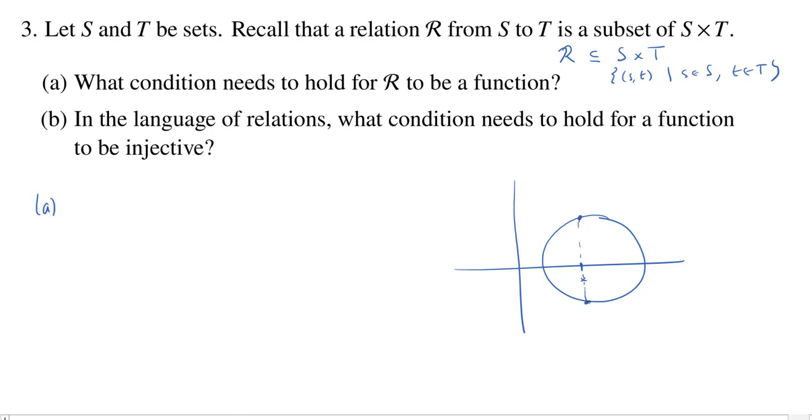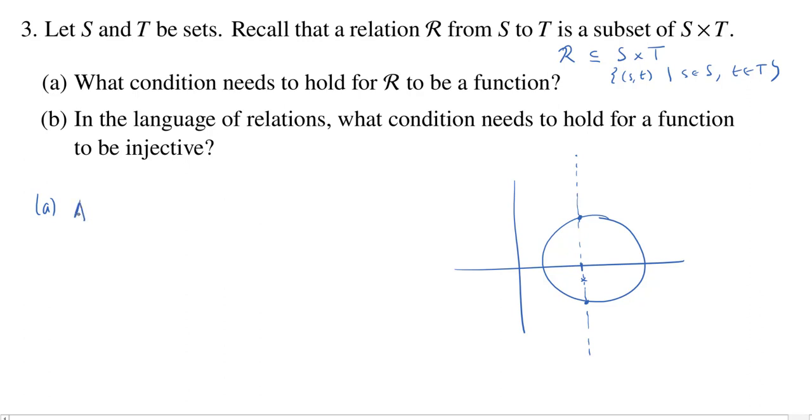In the plane, people talk about the vertical line test: vertical lines shouldn't hit the graph of the function in more than one place. When we're dealing with arbitrary sets, there's no notion of a graph in the traditional sense, so we need a more pure, precise definition.